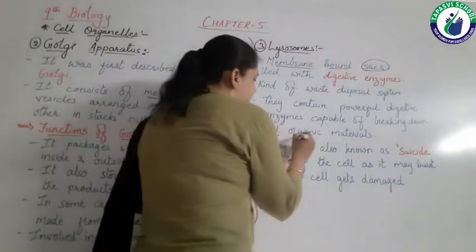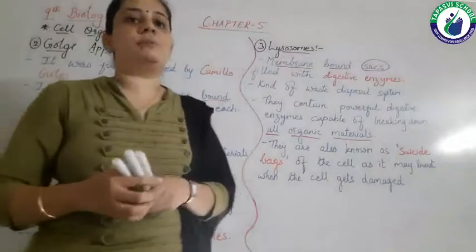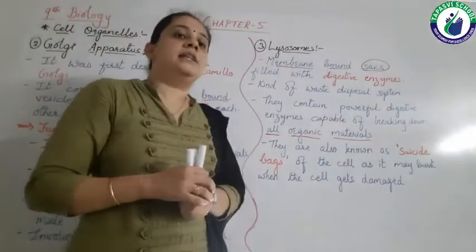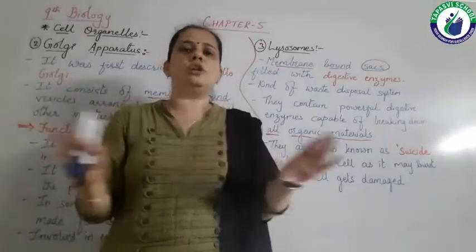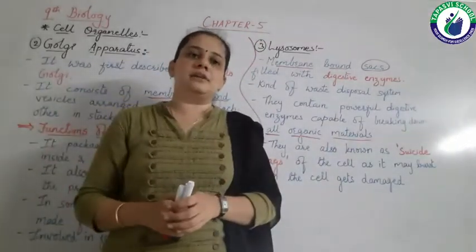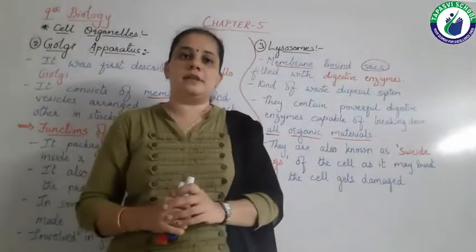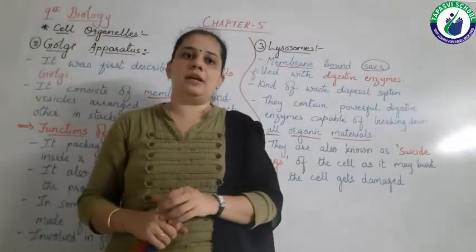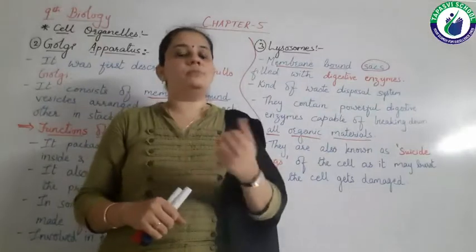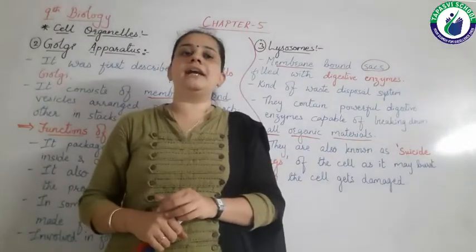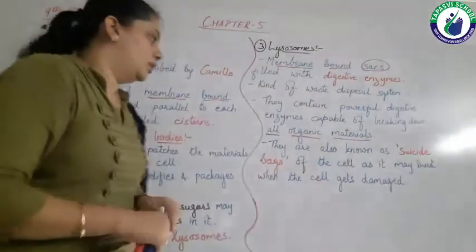These powerful digestive enzymes, which are produced by the RER, can break down all the organic materials. Whenever the cell gets any harmful substance, a foreign substance from the outside environment, it gets digested by the lysosome.